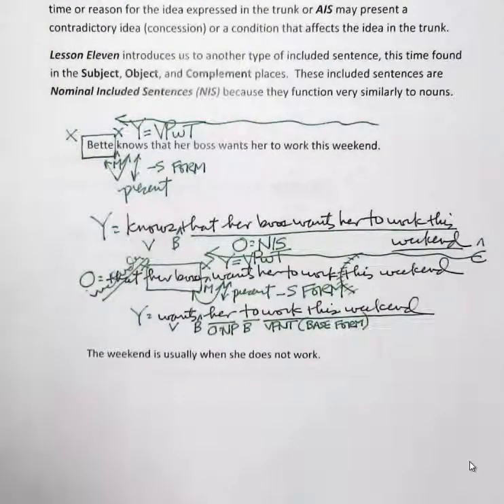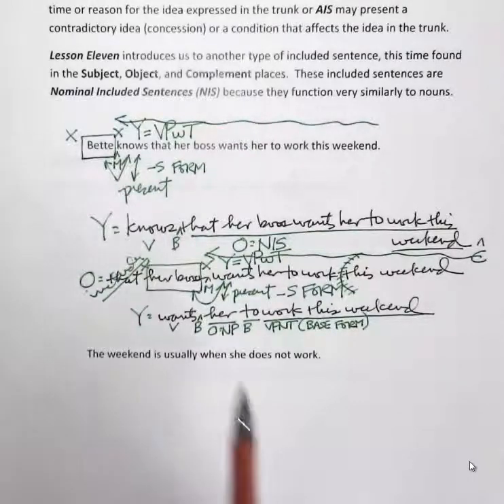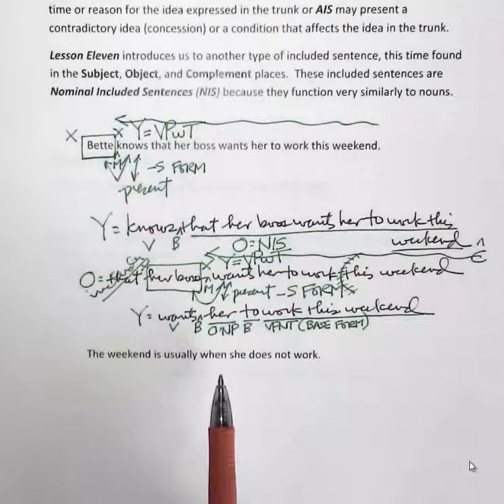Okay, I'm going to go back to red now because I think that's going to work better for us. This weekend is usually, the weekend is usually when she does not work. There's no shifters. Now, when she does not work could be a shifter for a different sentence, but in this sentence, it's not a shifter.